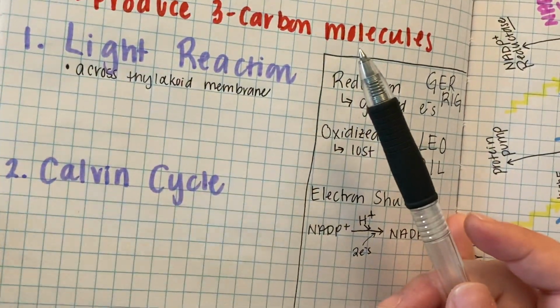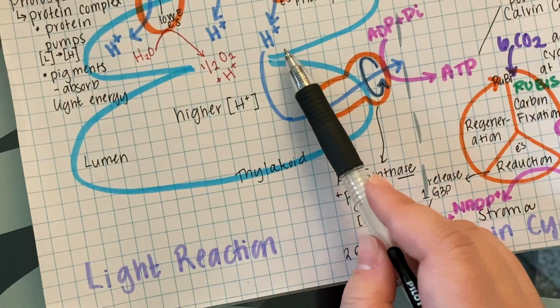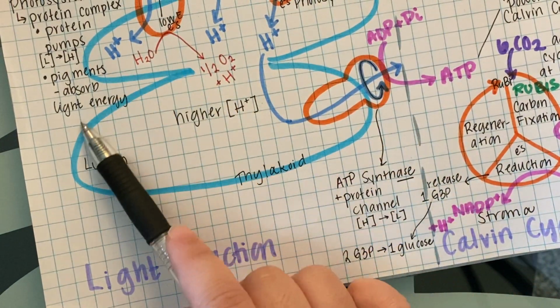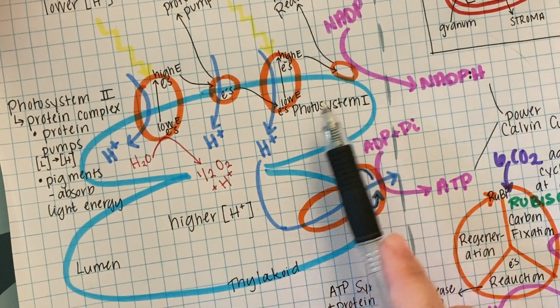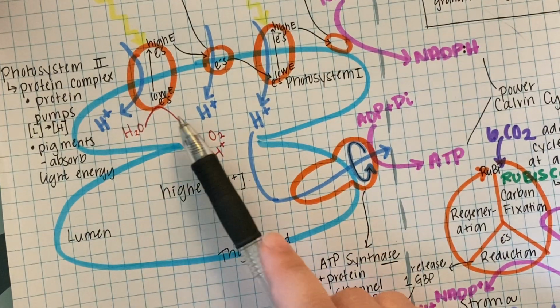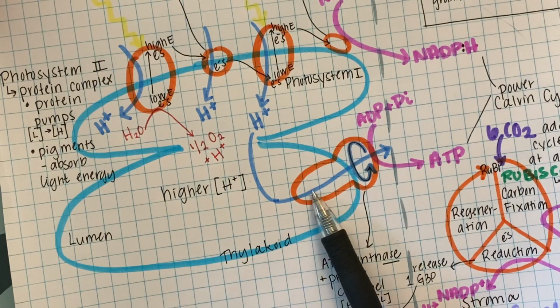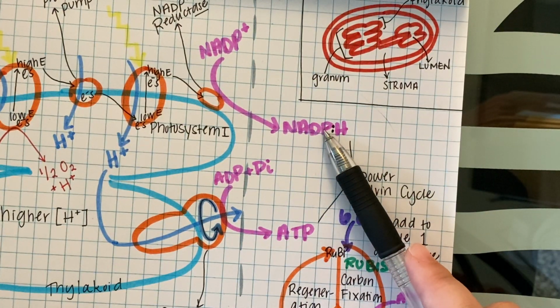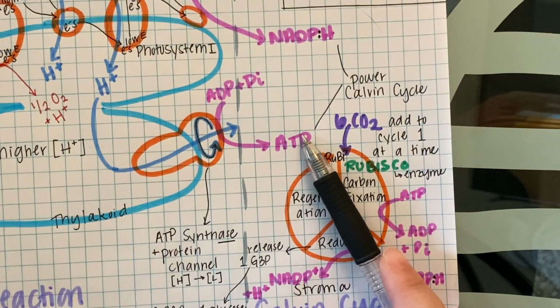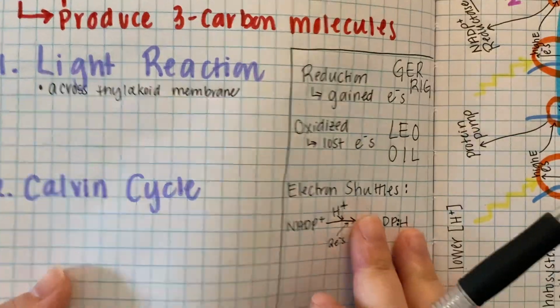So you can conclude that the more folds we have in our granum, the more thylakoids we have, the more electron transport chains we can have, right? So like this single granum can have multiple electron transport chains, multiple ATP synthases. You can be creating hundreds of these molecules at a time to run hundreds of different Calvin cycles.